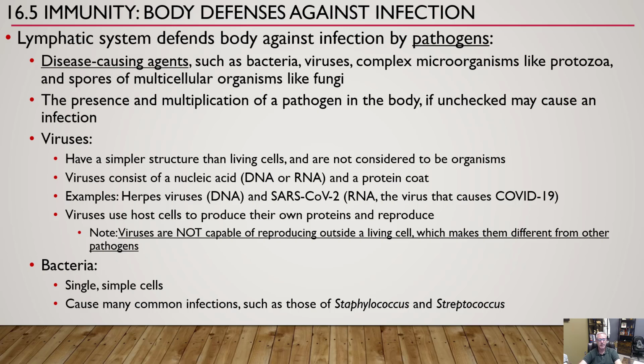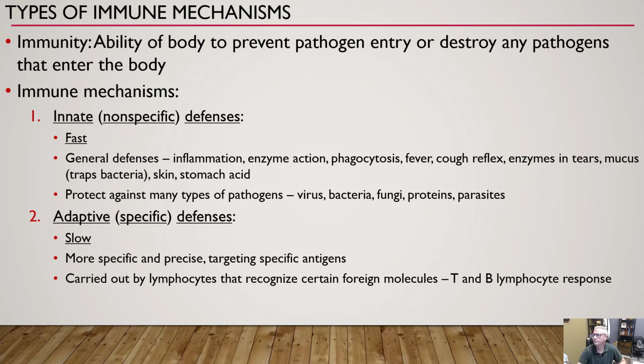Bacteria can be single-celled organisms, and they can cause infections such as staphylococcus or streptococcus. Like if you have strep throat, that would be a strep-causing organism. All right, so immunity.